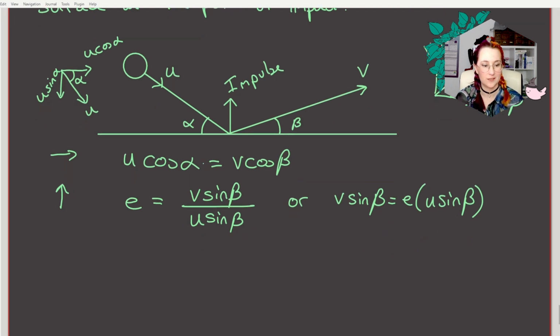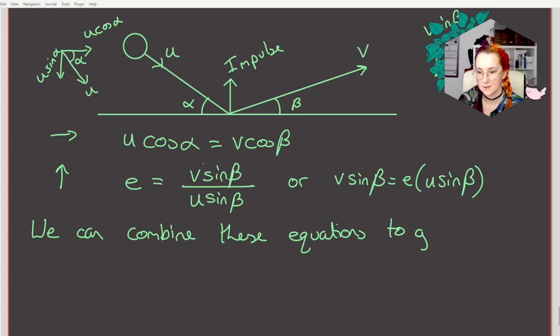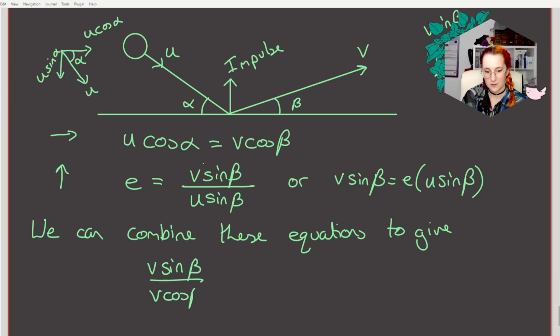What we can do, however, is combine these equations. If we divide the vertical equation by the horizontal equation, we get V sin beta over V cos beta, which is E U sin alpha over U cos alpha.